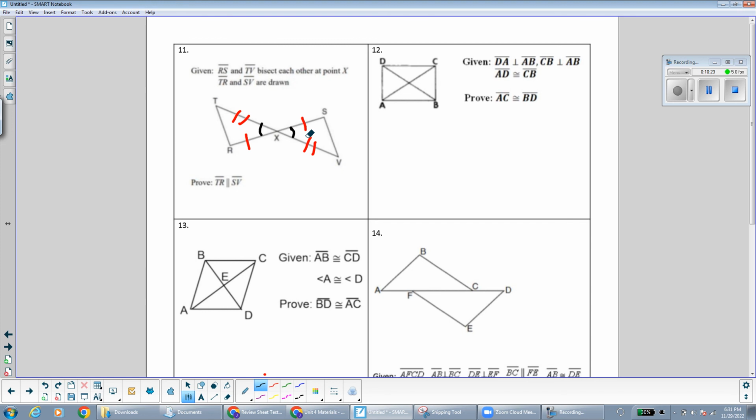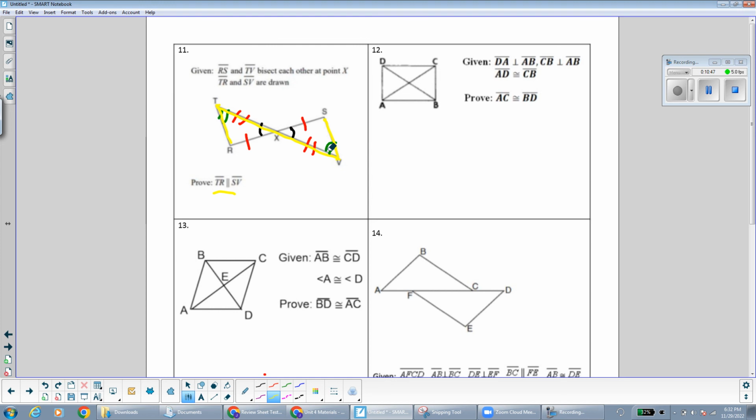And once we know the triangles are congruent, we can use CPCTC to say angle T is congruent to angle V. And that's important because since we're proving the lines parallel, showing that alternate interior angles are congruent is one way of proving lines parallel. And these two angles, T and V, are alternate interior angles inside the lines on different sides of the transversal.